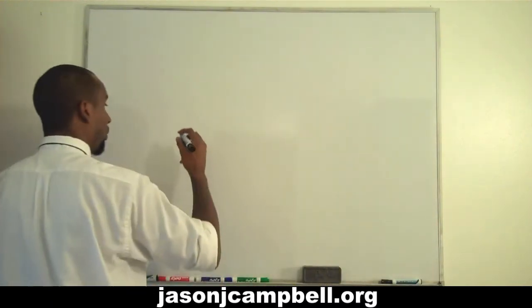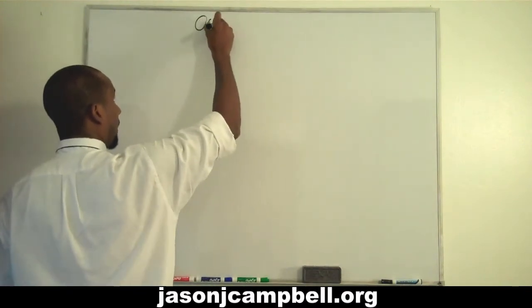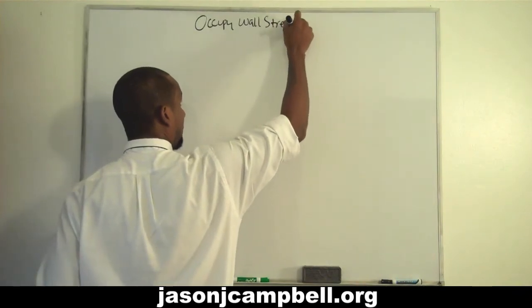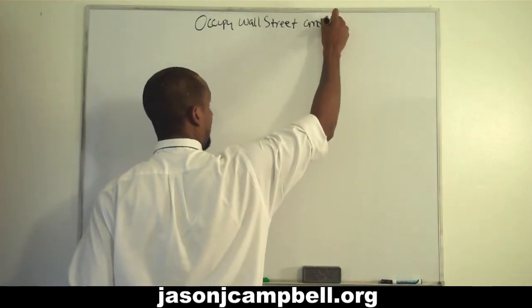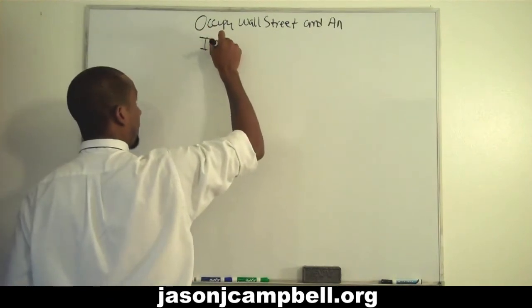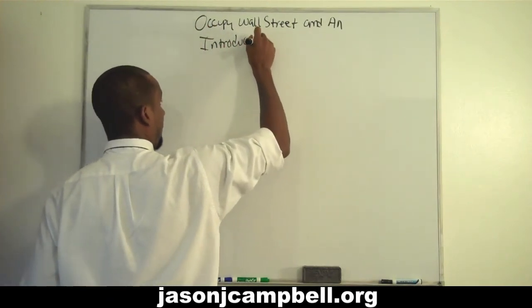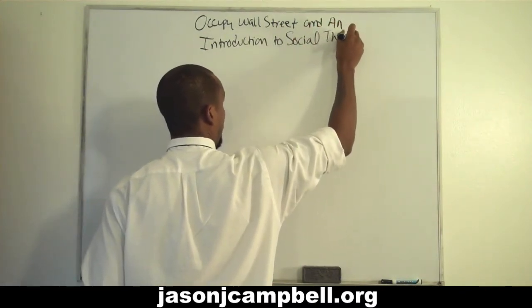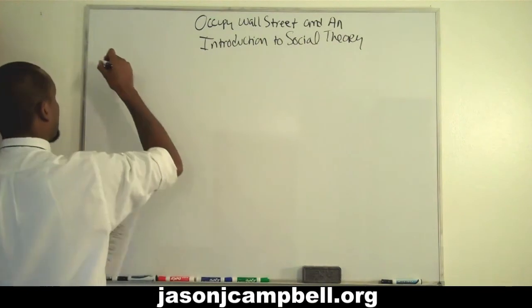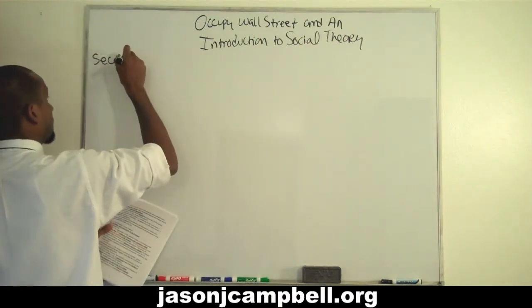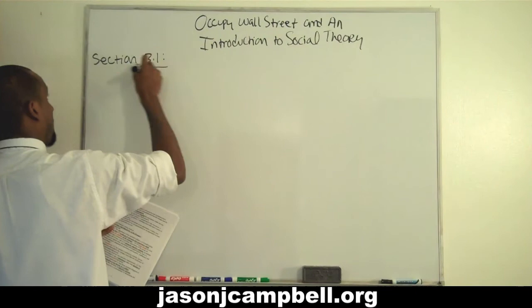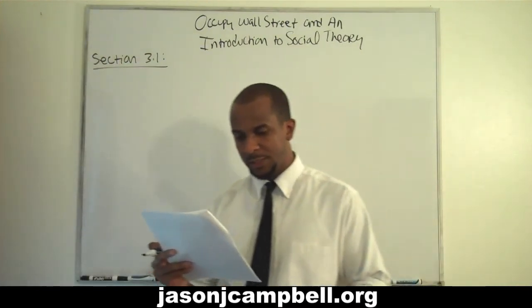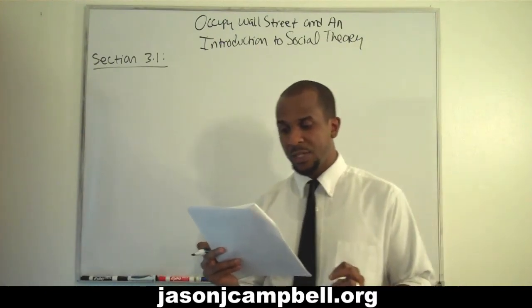So this is section 3.1 of Occupy Wall Street. This section is titled The Mobility and Objectivity of the Stranger.